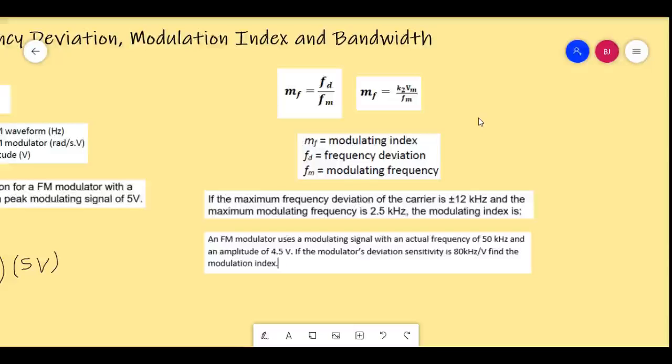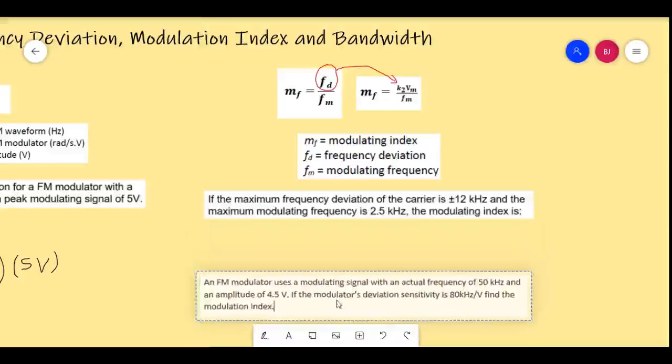We could also directly put it in the formula. So instead of having f sub d here, we could put the formula for deviation sensitivity multiplied by the amplitude right here.